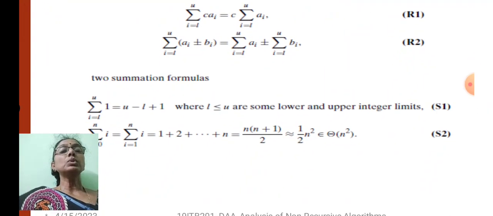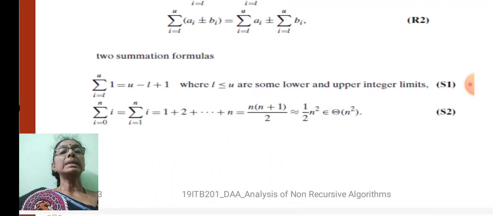Next, the two sum formulas for non-recursive algorithms. One is the summation from i equals 1 to n of 1, which is equal to upper bound minus lower bound plus 1, where the lower bound is less than or equal to the upper bound. The next is the summation from i equals 1 to n of i, that is 1 plus 2 plus up to n, which finally gives n times n plus 1 divided by 2.